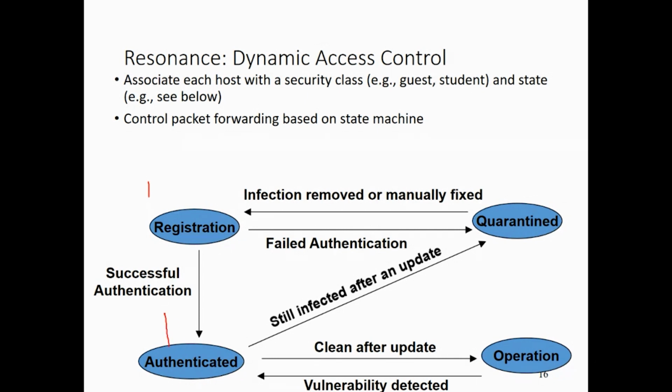The second phase is authentication, and then if this client is authenticated, they can do the operations that they are allowed to do. But if these clients are not authenticated, then they will go to a certain zone in the network.